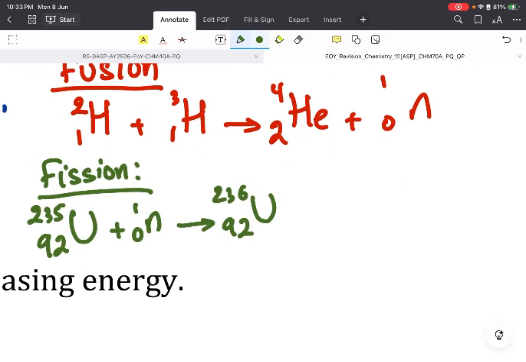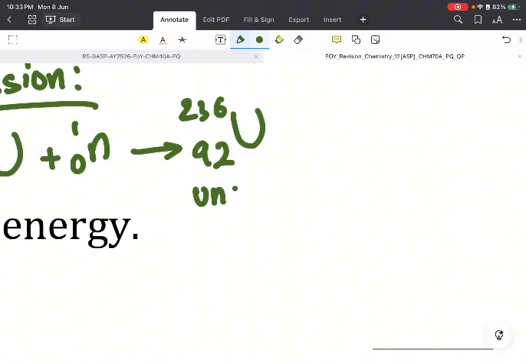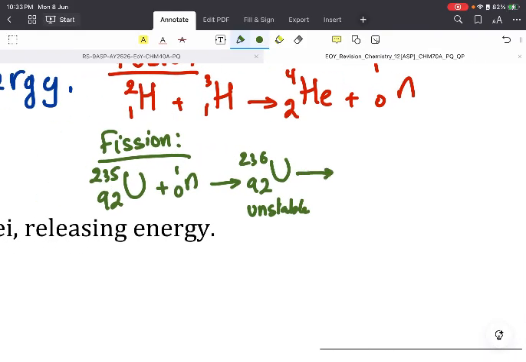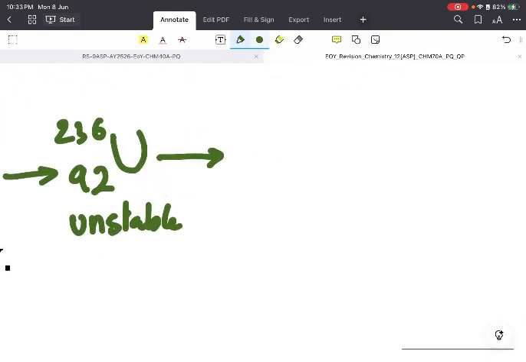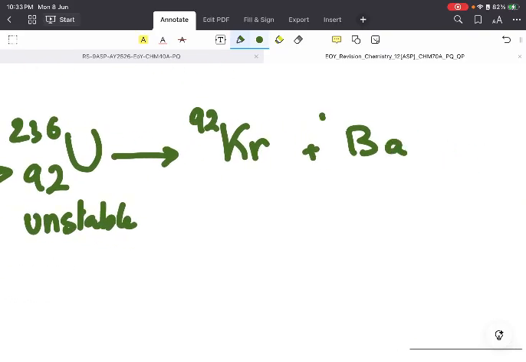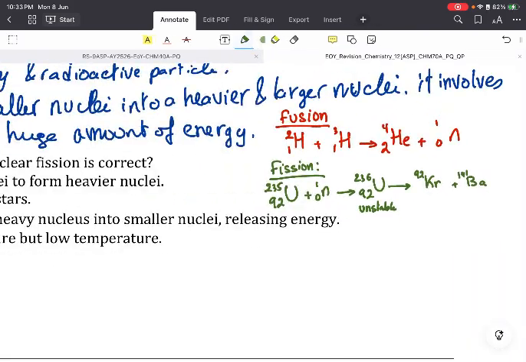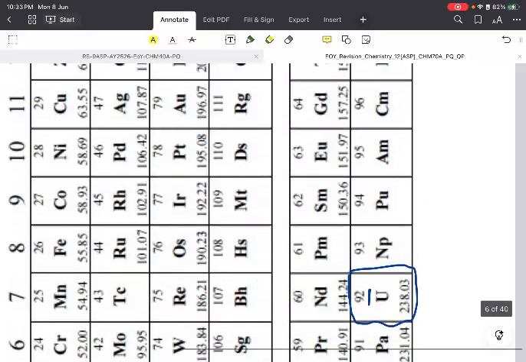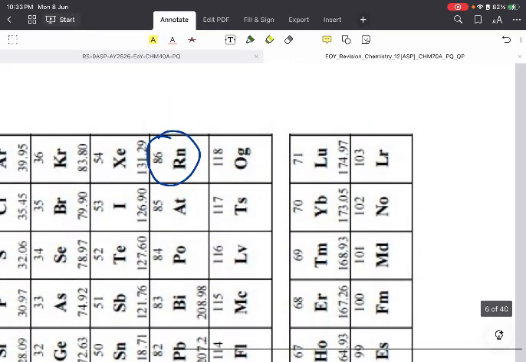So this atom undergoes a fission, and it gives me two smaller atoms, krypton and barium. You don't have to memorize these equations. I'm just giving you an example so you can see the difference.